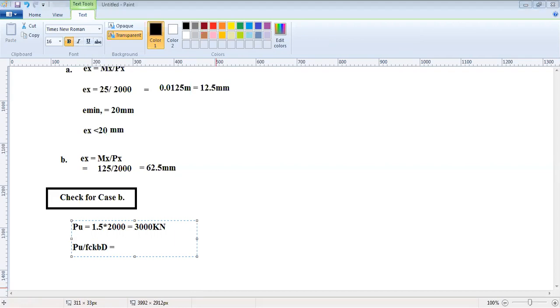Are you clear what I'm trying to do here? What is your Pu? Yes, it's your ultimate load that is acting on the section.